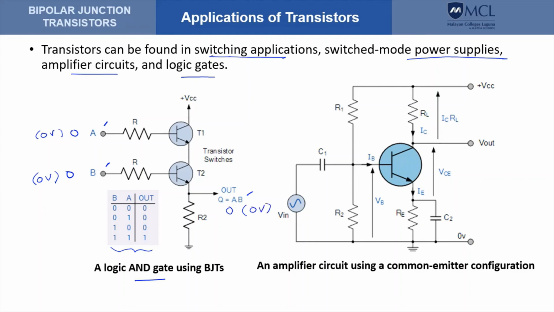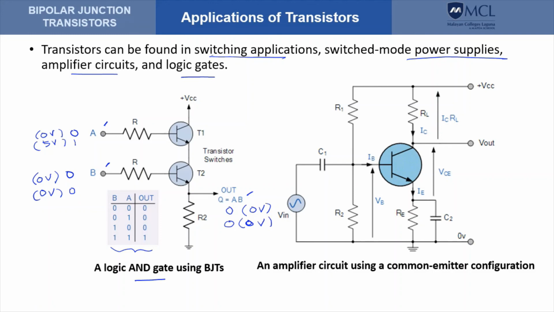If my input in B is 0 volts and my input to A, for example, is 5 volts, so that means it is a 1, here it is still 0. I will still get an output that is 0 volts.